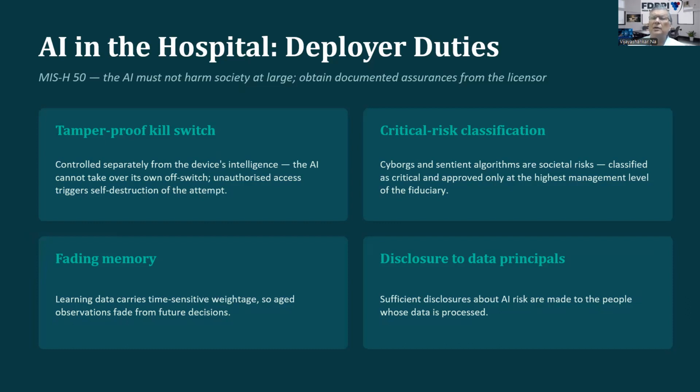The AI not only should not harm the patients, but also should not harm the society at large, for which they may have to take documented assurances from the licensor, which may include the tamper-proof kill switch, which has been suggested under DGPSI AI, then the critical risk classification of cyborgs and sentient algorithms, humanoid robots, then possibility of including the concept of fading memory.